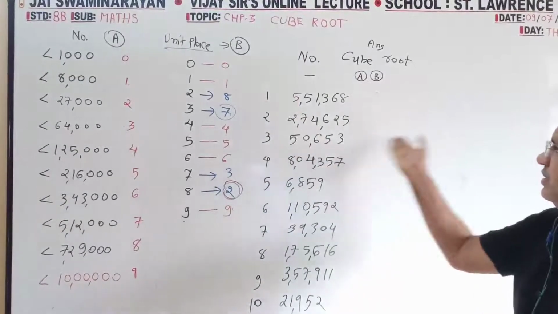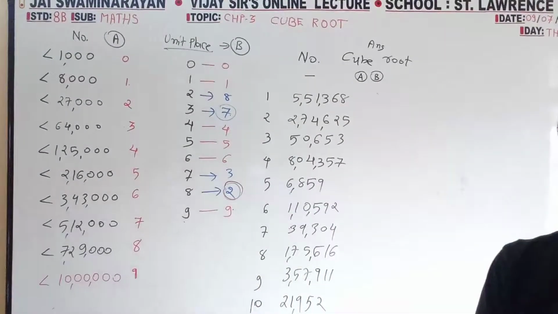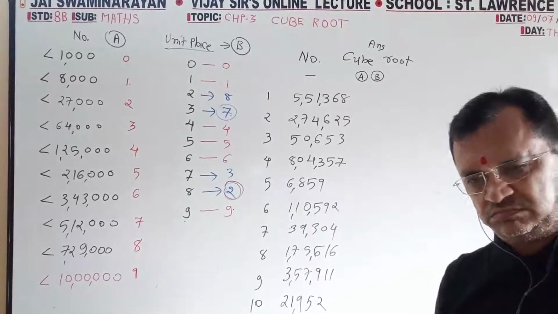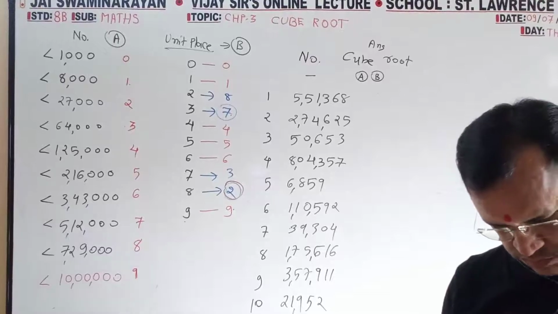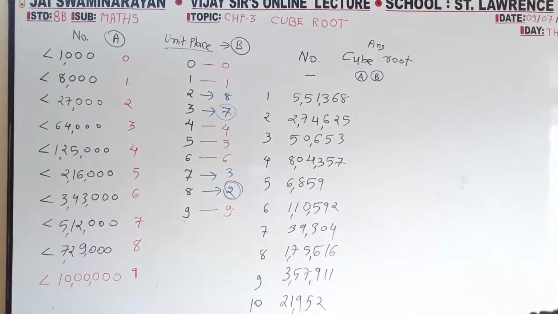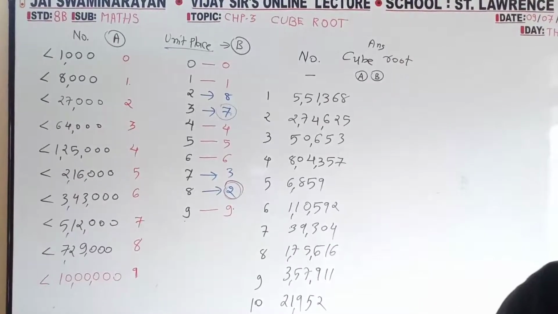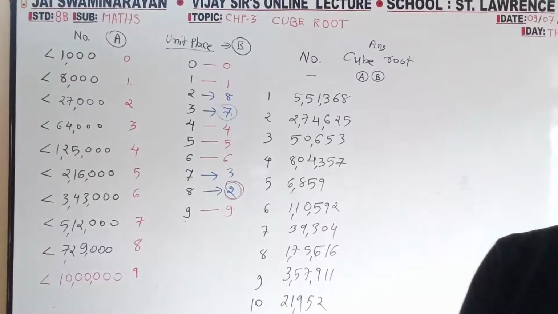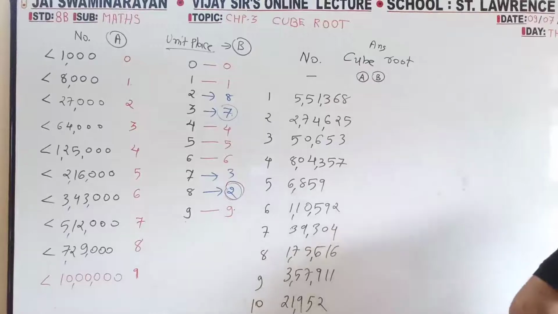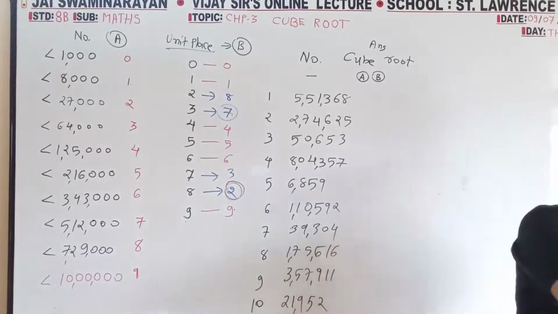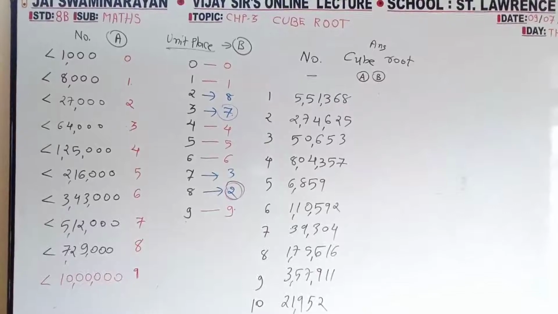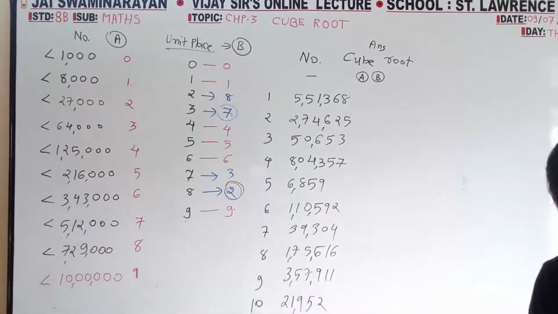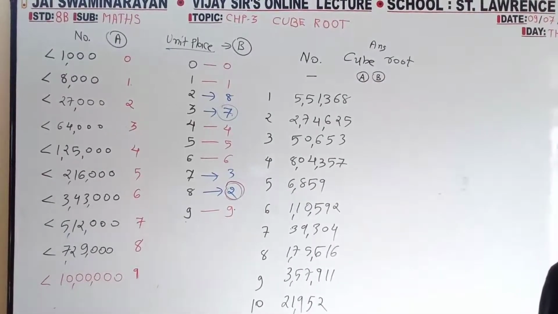Because your group is here, directly you have to write A and B. Quickly find out. I will write my answer, then you can tell me.